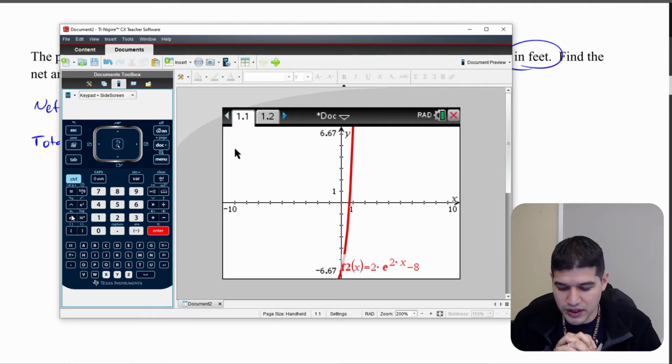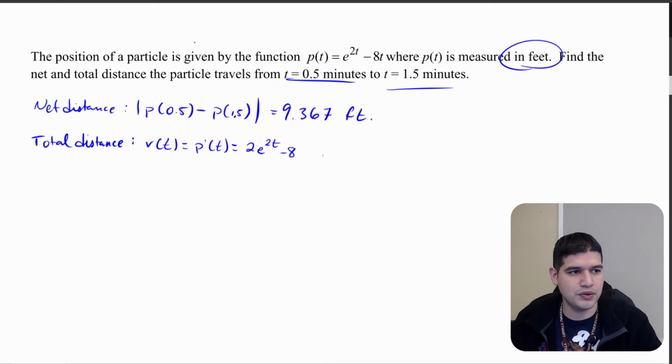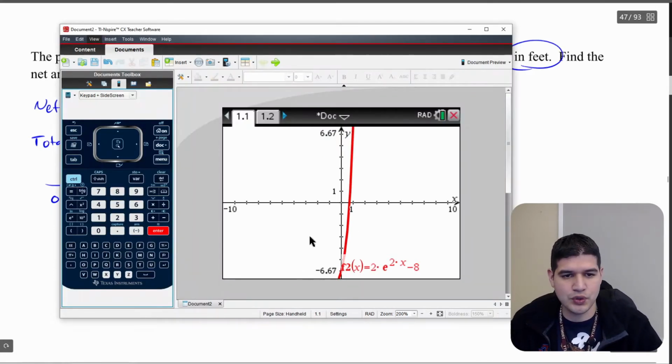We are looking between 0.5 and 1.5. I see it crossing the x-axis, so I'm going to make a sign chart that begins at 0.5 and ends at 1.5. What I want to see is, do we have any zeros here?